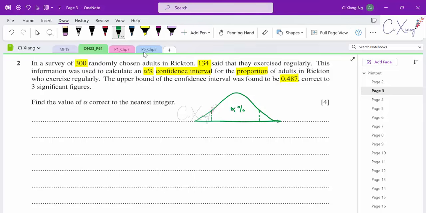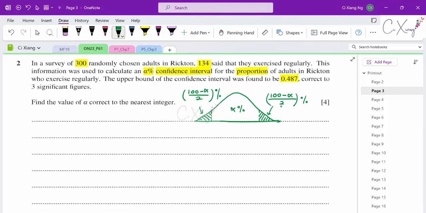So the area on this side and the area on this side should have the same area as well. How to get the probability of these two? It should be 100 minus alpha, divided by 2, because after you take 100 minus the center part, the remaining area you have to divide by 2. So this small area here is 100 minus alpha divided by 2 percent, and the same for this side also.